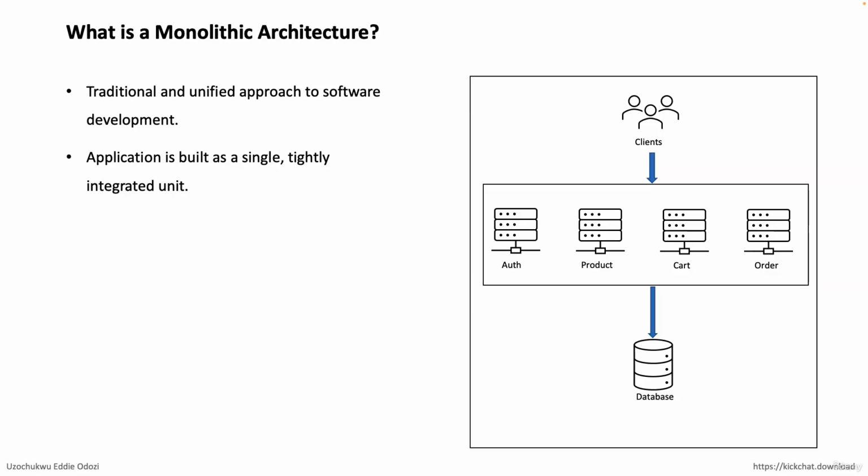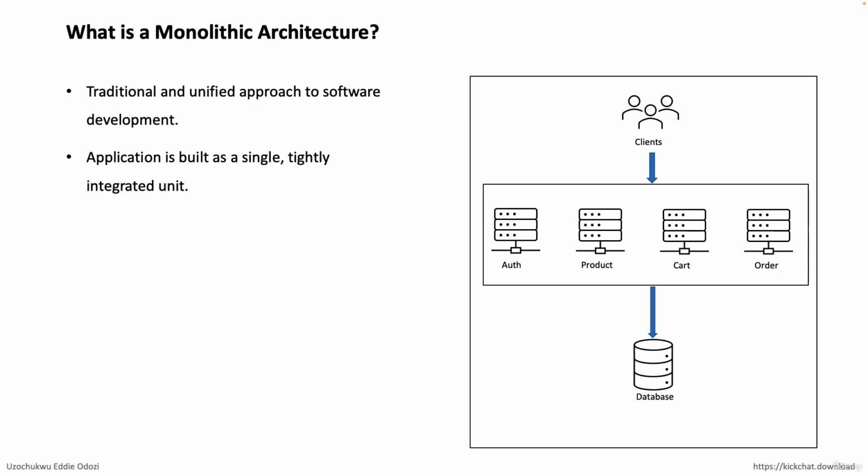Now, unlike microservices architecture, where you have your client separately, you have your different subdomains built as services separately, and each service has its own database, in a monolithic architecture, the clients, the subdomains, and the database layer are all built as a single tightly integrated unit.